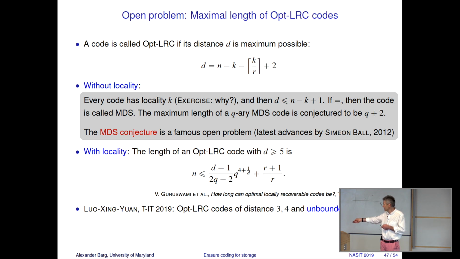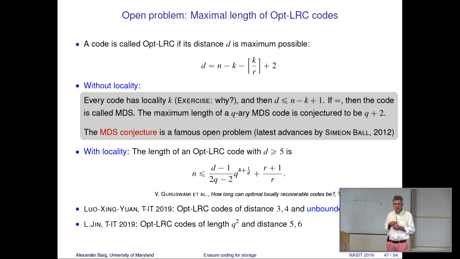So this is sharp: unbounded length for distance up to 4, q to the 4 for distance 5 or more. There are codes of length q squared for distances 5 and 6. And very recently, with Zitan Chen, we did something on codes with hierarchy. Again, optimal cyclic codes with hierarchy of unbounded length.